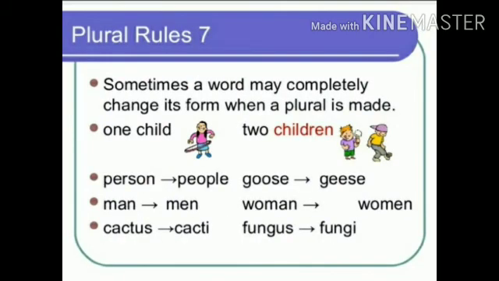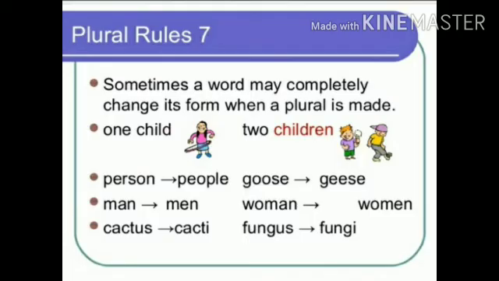Rule number 7. Sometimes we find words that change completely when they are changed into their plural forms. Like child, children. When there is one, we call it person, but when there are many, we call them people. Similarly, man, men, goose, geese, woman, women.